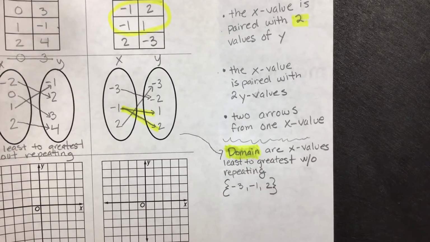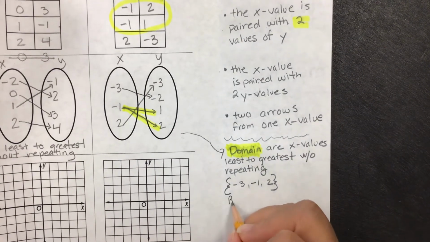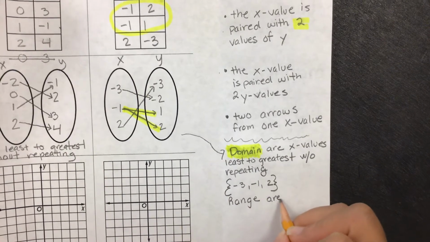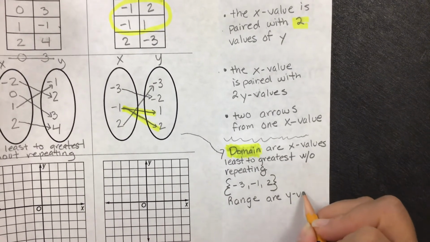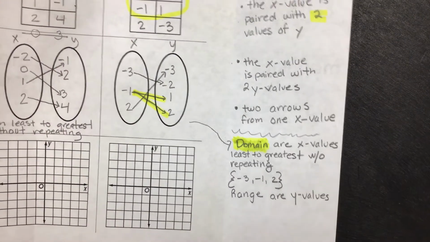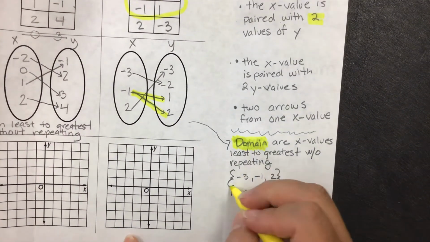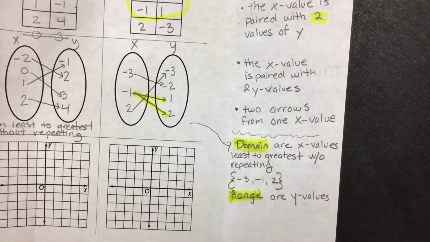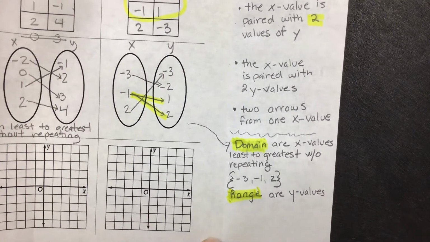So what are the y values called? They're called the range. Range are y values. I'm going to highlight range. We're going to need that. There's several different applications to the word range. So it depends on the use and what is referring to.